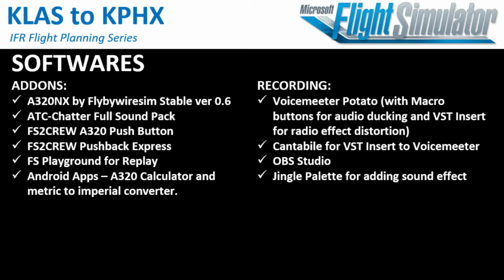For recording, I'm on the second PC. I'm using Voicemeeter Potato with macro buttons for audio ducking, VST insert, and sound effects. You can hear the ATC radio has a different voice, because I'm routing it into a sound effect, so it really sounds like AM radio. Very cool.